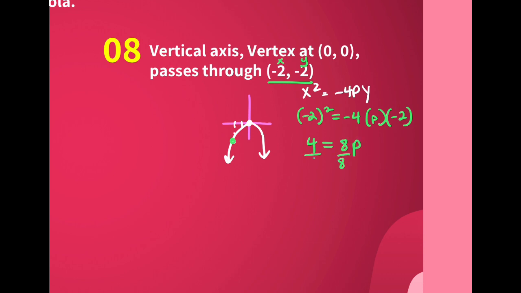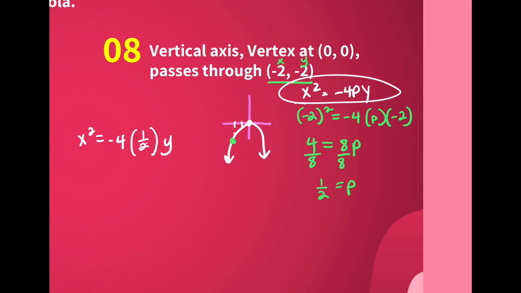Divide both sides by 8, and p is 1/2. Now I take that and I plug it back in to the original equation. So x squared equals -4 times 1/2 times y. 1/2 times 4 would be a -2, so x squared equals -2y.